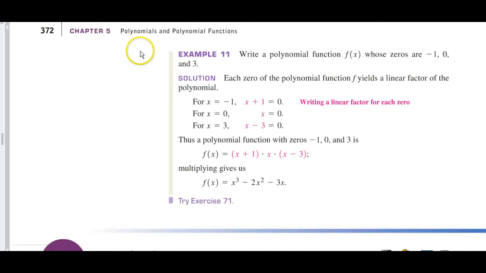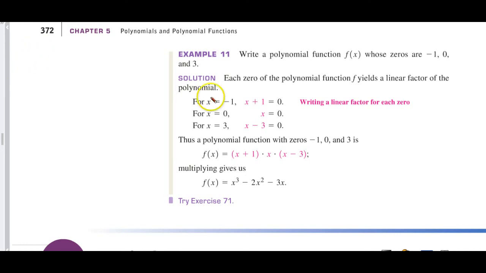Now, here's one in which we are to work backwards. Here they're saying the function of this, whose zeros are these, what would the equation be? Well, let's just do this over here on the side.